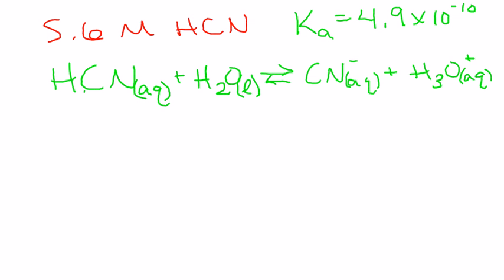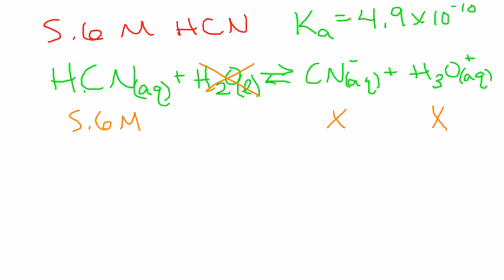Now I'm going to switch colors once more just to kind of keep some stuff straight here. Our concentration of hydrocyanic acid is the 5.6 molar. That's not going to change. Water we're not concerned with because it's a liquid. We don't know the concentrations of the CN minus or the hydronium ion, so we're going to denote that with an X.